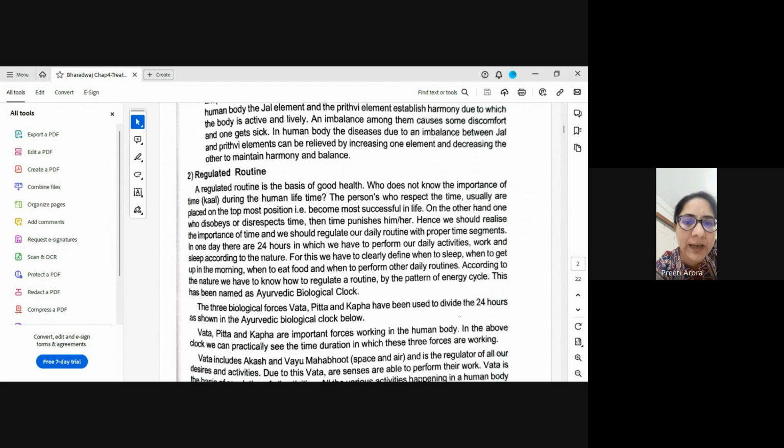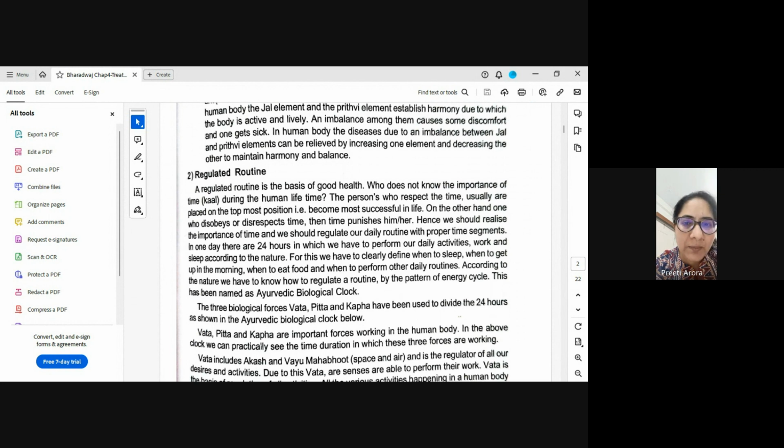So everything in this world is regulated by time. We must learn to respect time if we have to lead an active and balanced life. Because if we do not respect time, time will also not respect us. Time and tide wait for no man. It is a very old saying that we heard in school textbooks also.